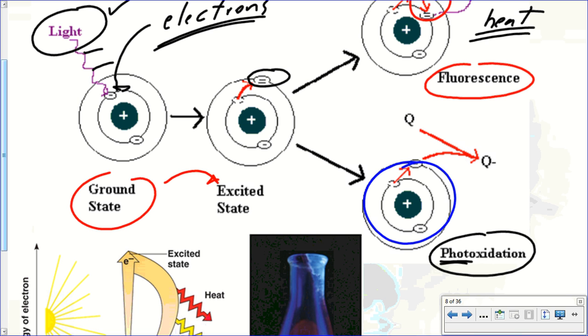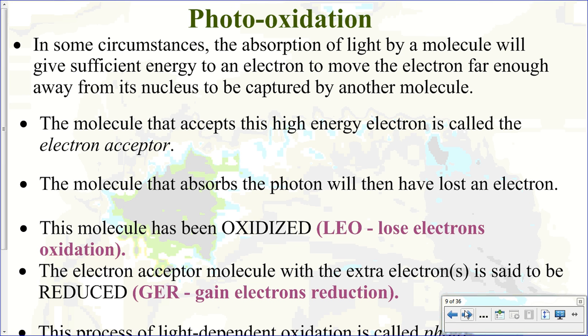So in this case, just in general terms, it's showing that the electron is being added to this Q, and then we end up with it picking up the negative charge and having a negative charge. So this term here, photooxidation, again, does mean that we're using light energy to cause the loss of electrons.